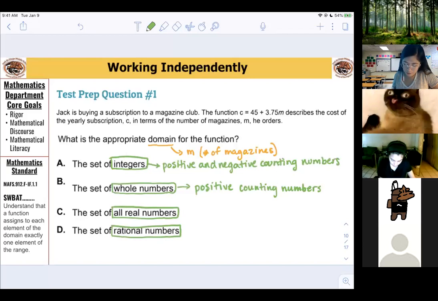Then we have rational numbers. The definition of a rational number is any number that can be written as a fraction. But I'm going to simplify it a little bit. And this is basically positive and negative counting numbers, and decimals.